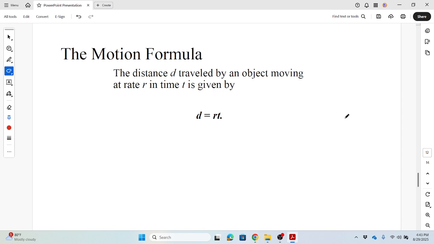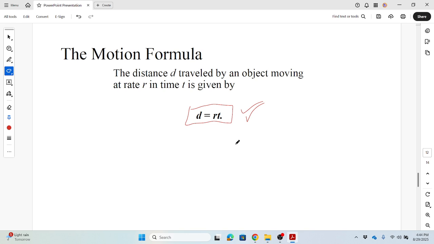Here is one of the application problems we use quite frequently. The distance d traveled by an object moving at rate r in time t is given by this equation: distance is equal to rate times time.